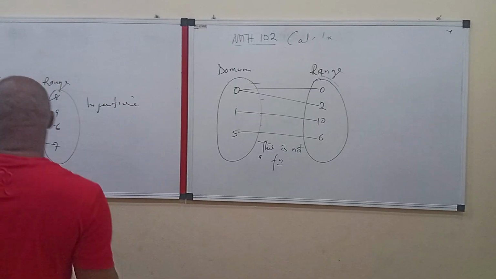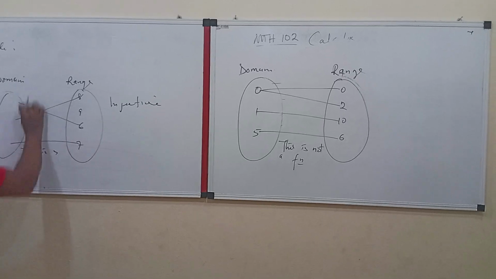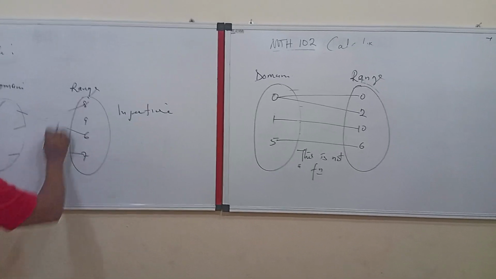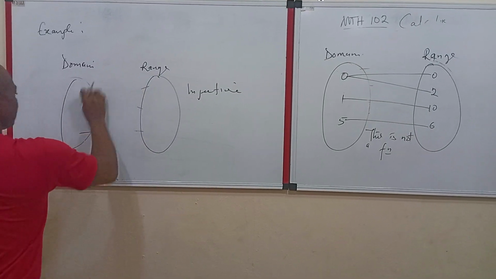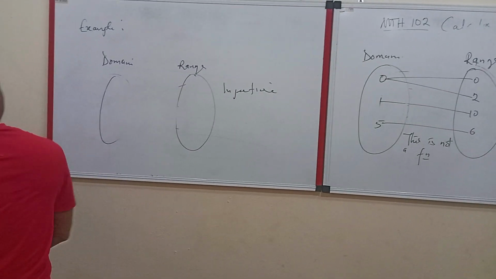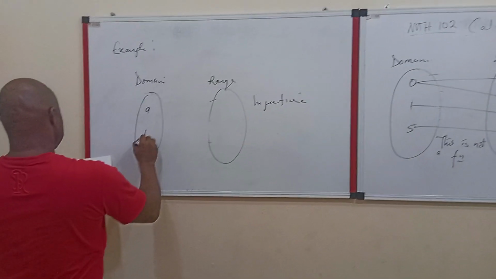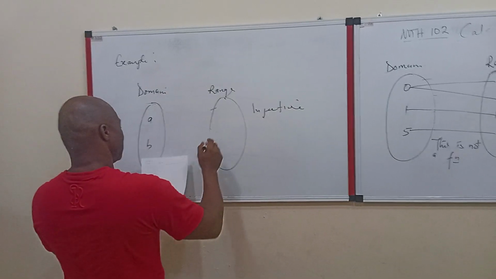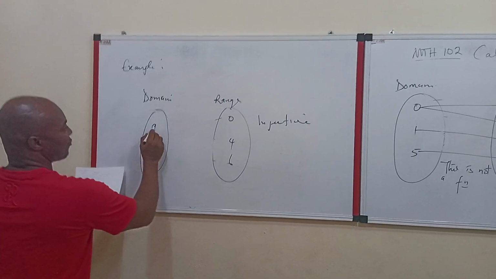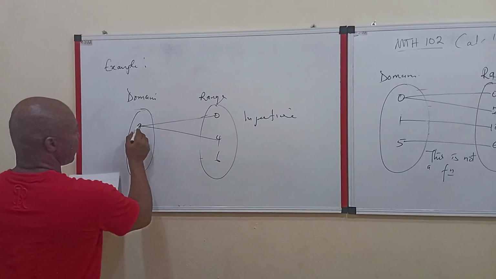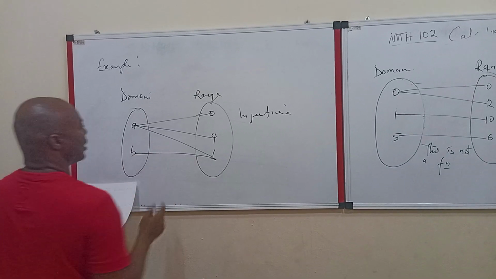Now let's consider another one quickly. If we have this as our element in the domain, then we have 0, 4, and 6, where this is coming here, this is coming here, this is coming here, and this is also coming here.